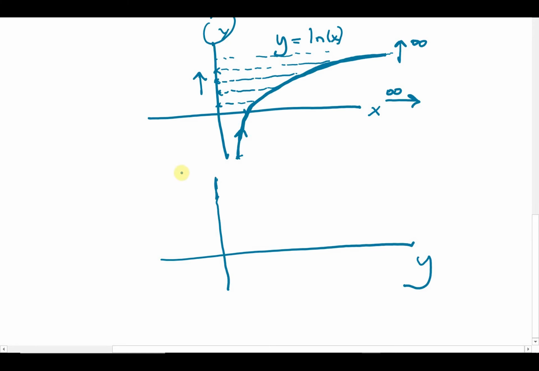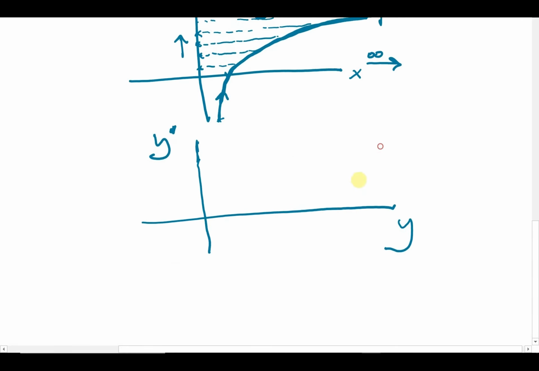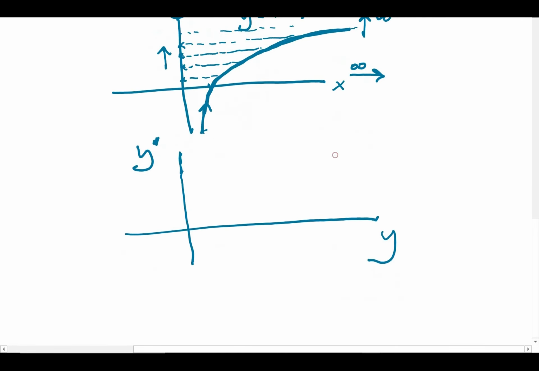Now we're going to define a new axis right here. We can just call this y prime. I could call it any variable I want, but just know y prime is now the new output. So this is y prime equals ln.